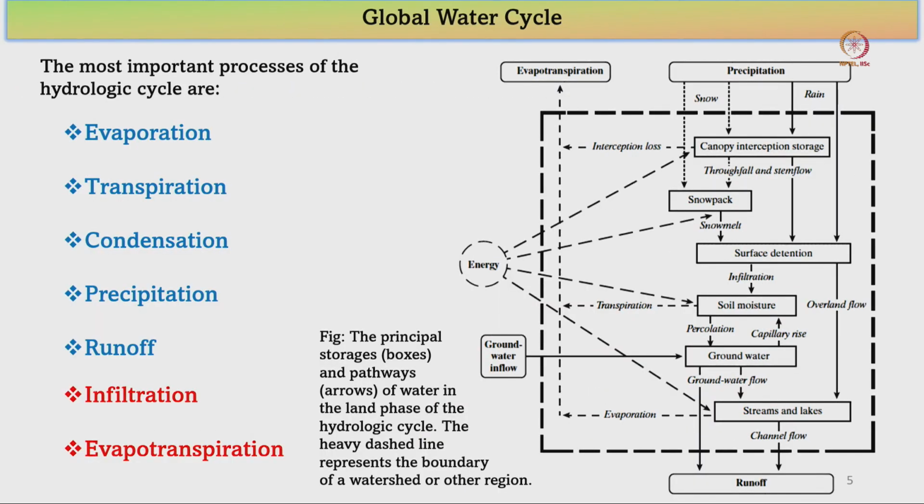Now, in the global water cycle, there are multiple processes happening, and I am sure you must know these important processes, such as evaporation, that is, water getting evaporated from its liquid state and moving to its vapor state. Transpiration via plants.